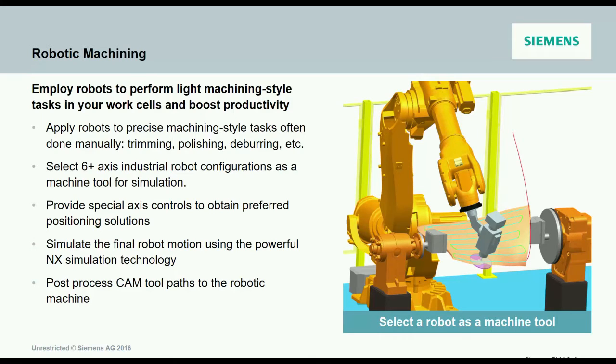Apply robots to precise machining style tasks often done manually: trimming, polishing, deburring, etc. Select 6+ axis industrial robot configurations as a machine tool for simulation, so we can verify everything inside of CAM Express. Provide special axis controls to obtain preferred positioning solutions. Simulate final machine motion using the most powerful NX simulation technology. And we can post-process CAM toolpaths to robotic machines.